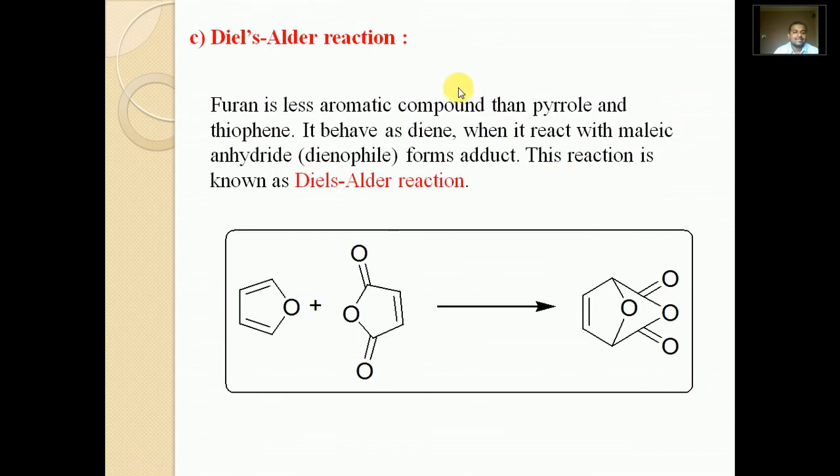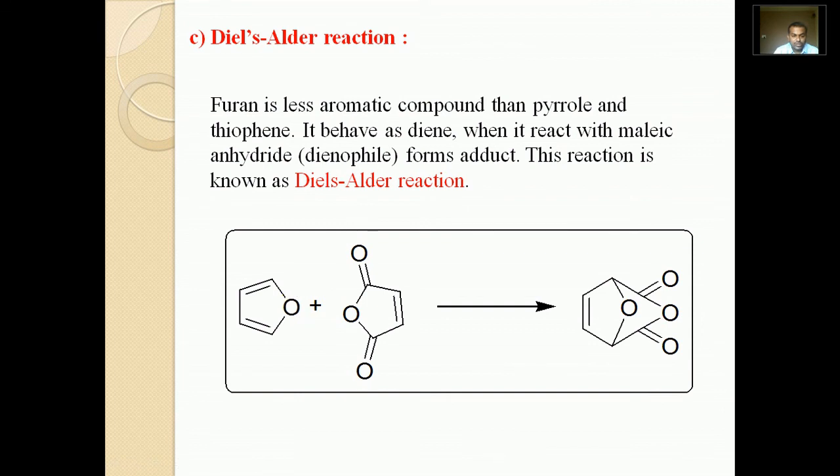Now the Diels-Alder reaction of furan. As you know, the Diels-Alder reaction is the addition reaction of a diene and a dienophile to form a cyclic structure. In this case, furan is less aromatic as compared to other 5-membered heterocyclic compounds like pyrrole and thiophene, because oxygen is more electronegative than nitrogen in pyrrole and sulfur in thiophene.